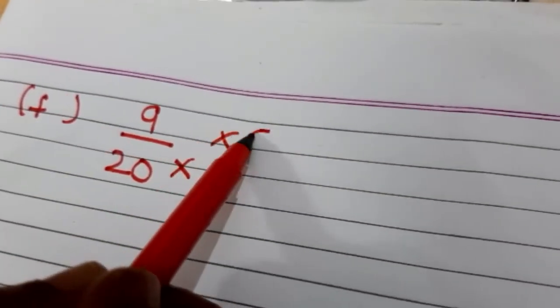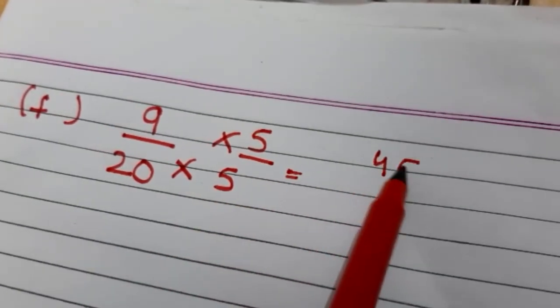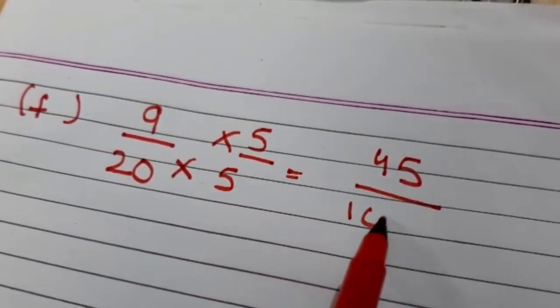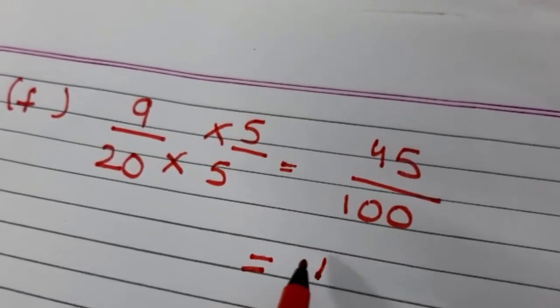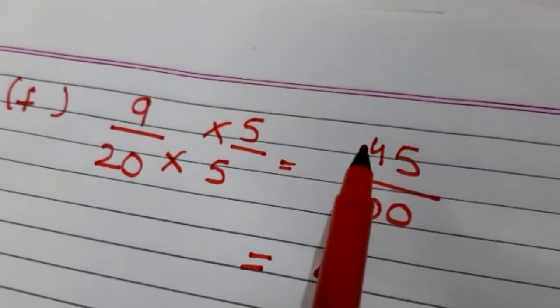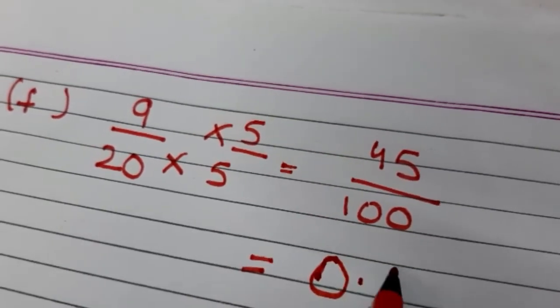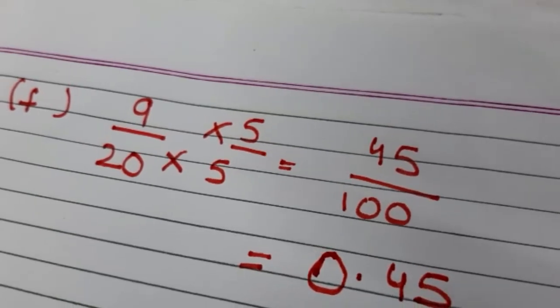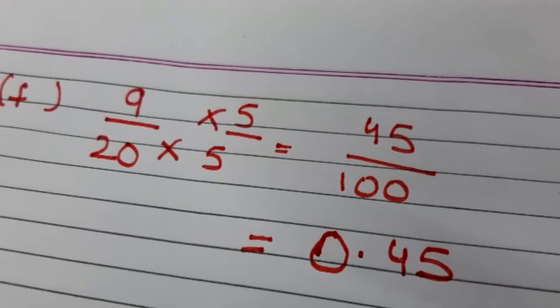So I will multiply both numerator and denominator by 5. 9 5s are 45. 20 into 5 is 100. Here you can simply do it. So I will leave 2 digits and put a decimal here. So my answer will become 0.45. Or if you want to use the simple division method, you can use that also.